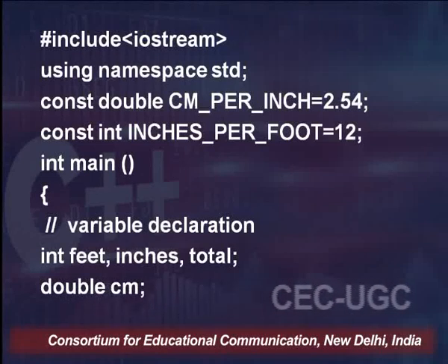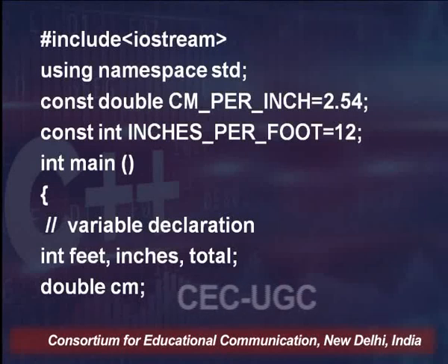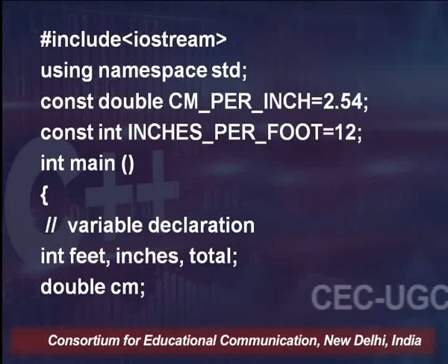So const double cm per inch is 2.54; double we have taken because, as the value indicates, it's a real number value. Then const int inches per foot is equal to 12, which is an integer type value.